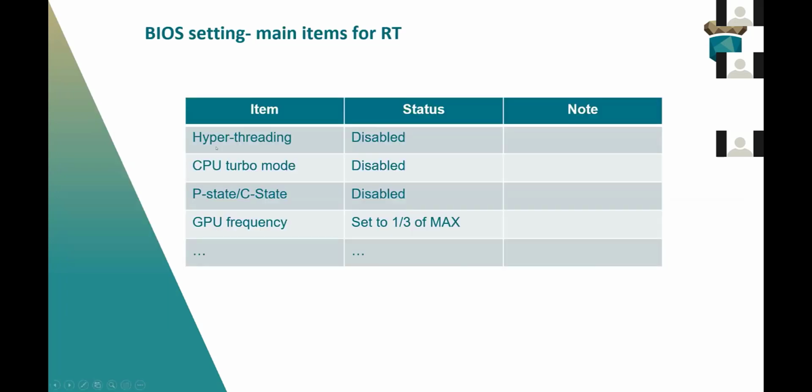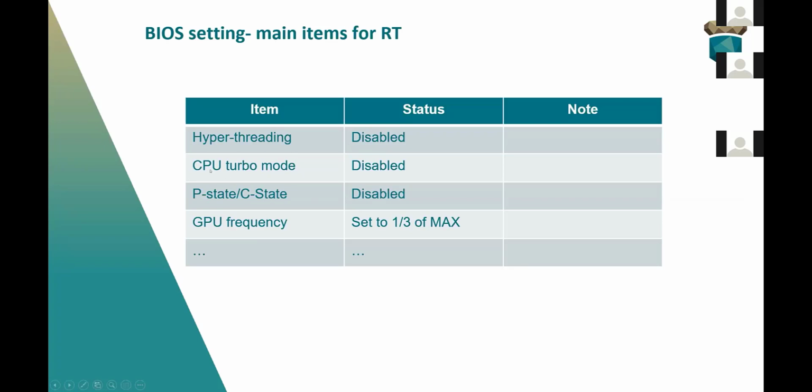Here I will talk about some detailed settings. Actually, for the BIOS settings, these are at least some main items on Intel hardware. This is the same as the native environment. The first one, we need to disable hyper-threading. It is better, not a must, because we want the RT task to run on a physical core.